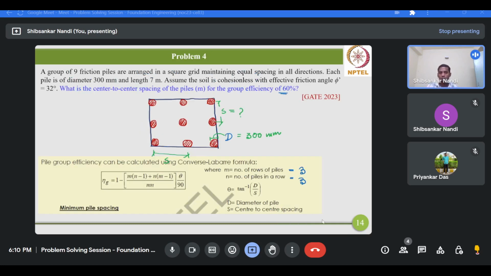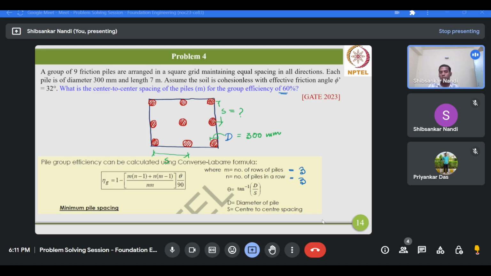Okay. One more thing, which is not within the scope of this problem. Still, for your information, you should know what the minimum pile spacing in a group of piles should be. The group efficiency of a pile group will be governed by this pile spacing. When the spacing is too small or too large, you will have different efficiency of the pile group.